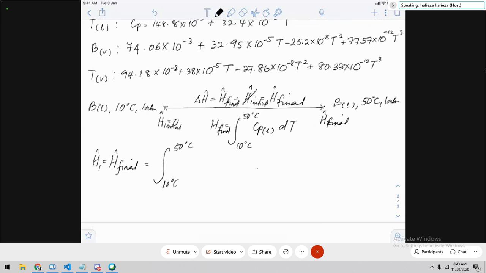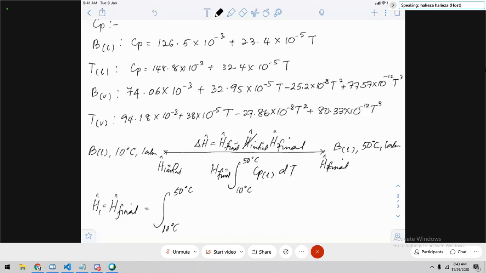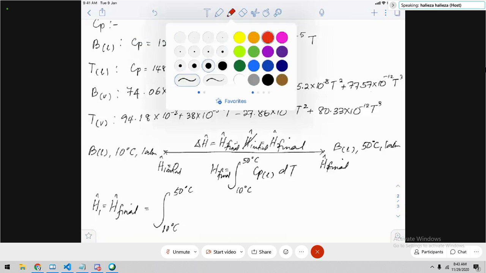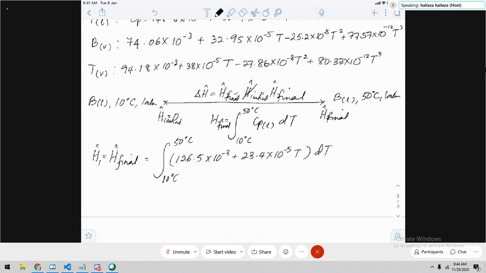Now let's look at the Cp, the heat capacity of our liquid benzene. Write that down: 126.5 times 10 to the power negative 3 plus 23.4 times 10 to the power minus 5 times temperature, with respect to temperature. This is a very straightforward calculation using your calculator.